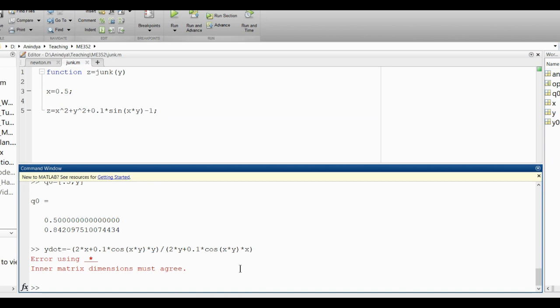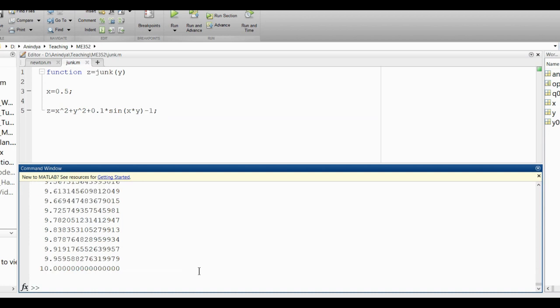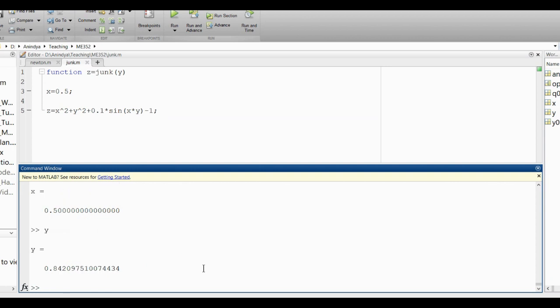Now that didn't work. Why didn't it work? What is x? X is some big thing. X is equal to 0.5. Y is that. Okay, so y dot is that. Now it worked. And then my rate, the original q dot, is like this.